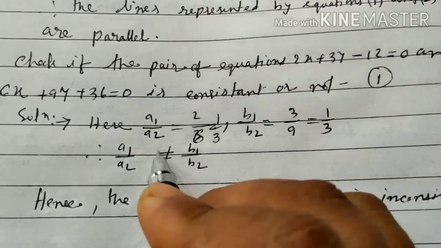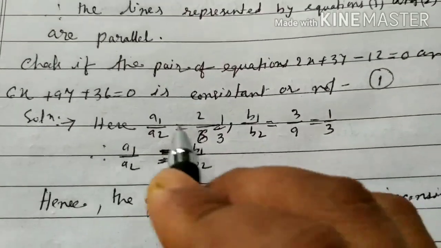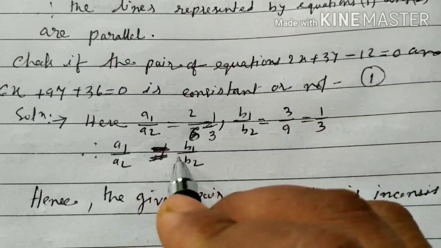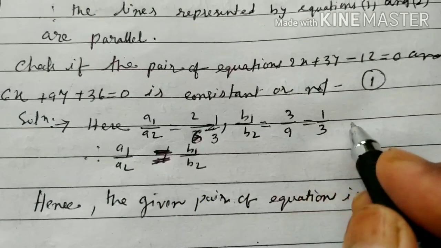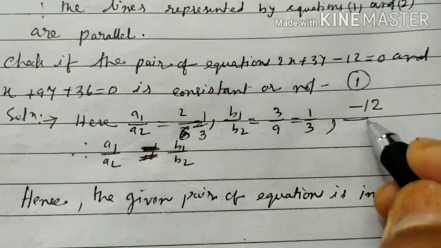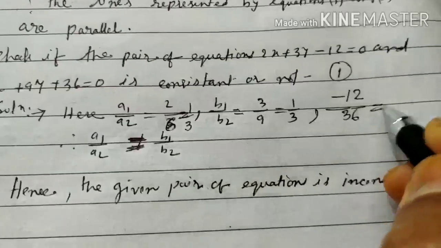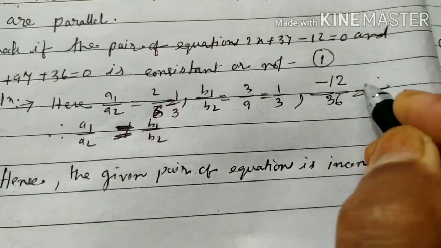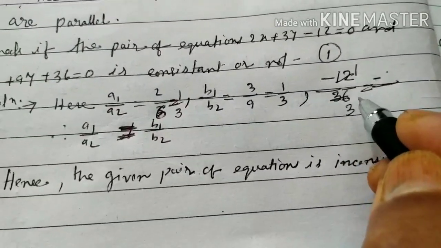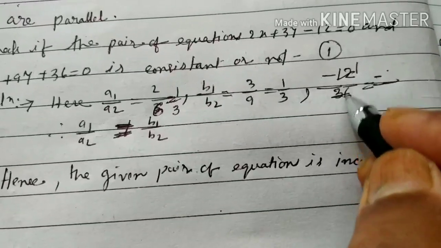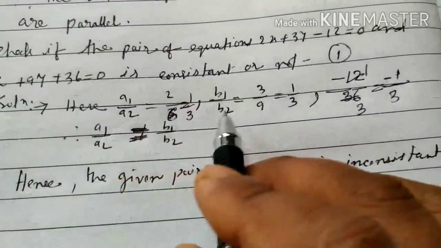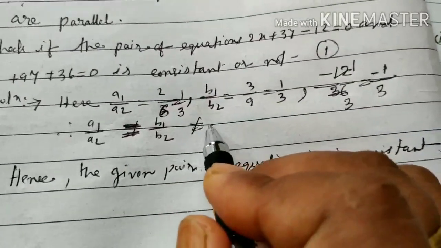And then c1 by c2, that is -12 divided by 36, which is -1 by 3 (3 twos are 6, 3 threes are 9, 3 fours are 12, 3 twelves are 36). So a1 by a2 equals b1 by b2 but it is not equal to the last one, that is c1 by c2.